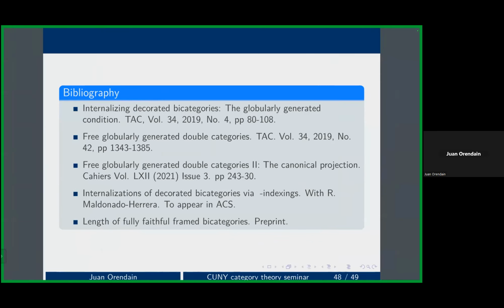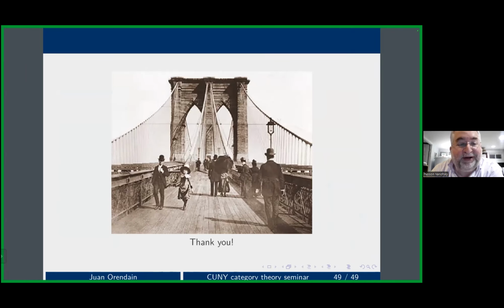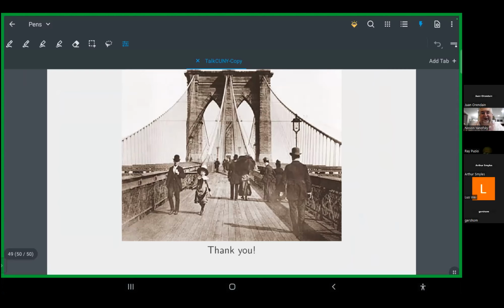Yeah. So these are the references for this work, and that's it. Thank you very much. Oh, that's a picture of Brooklyn College, of Brooklyn Bridge. Very nice. All right. Thank you. Let's thank the speaker. Everybody put your camera on.